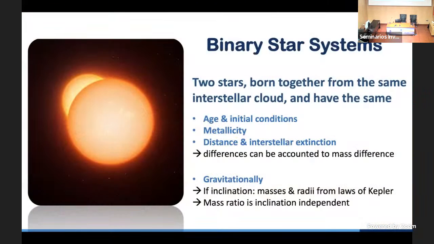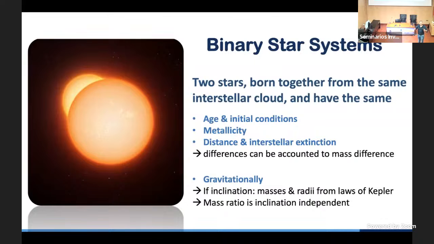So first of all, why are binaries interesting from a point of view for astrophysics? Binaries are offering us two virtually identical stars that have been formed under the same initial conditions.